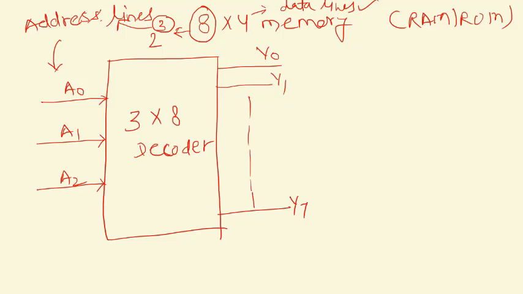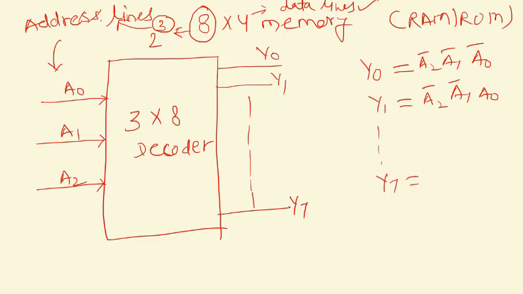Y0 can be denoted as A0 bar, A1 bar, A2 bar, and Y1 can be represented by A0, A1 bar, and A2 bar. Similarly, Y7 can be A2, A1, A0.